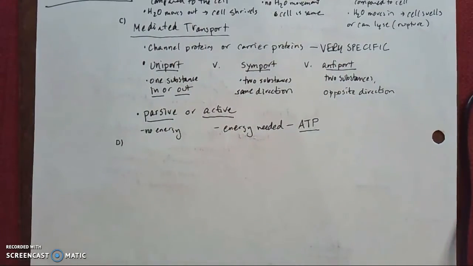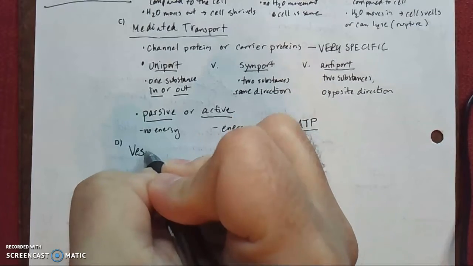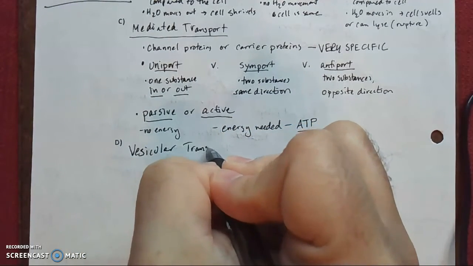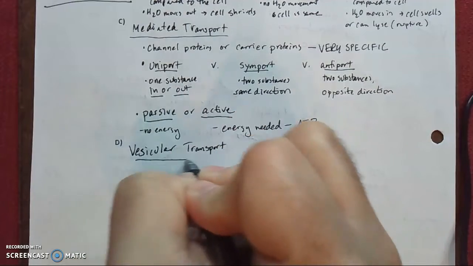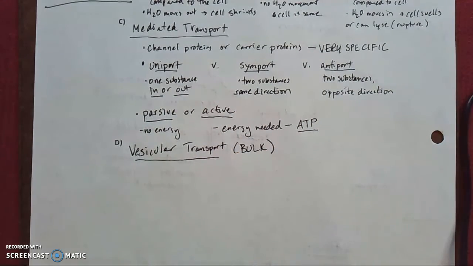Our last type of transport is called vesicular transport. And this would be for bulk substances, so very large quantities of things that have to get in or out of a cell.